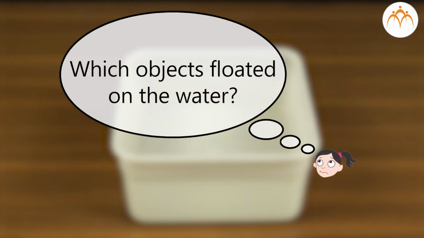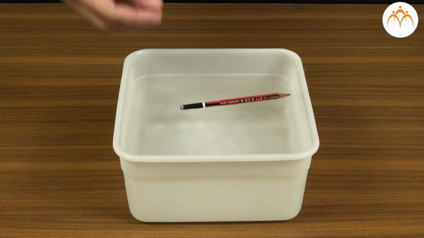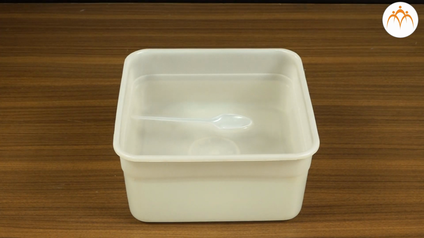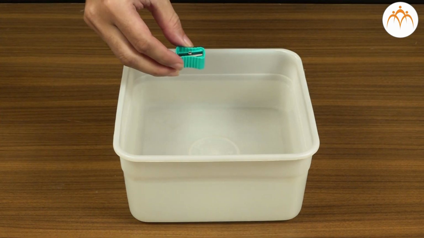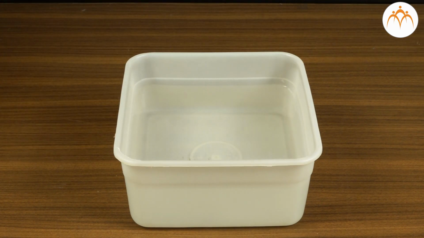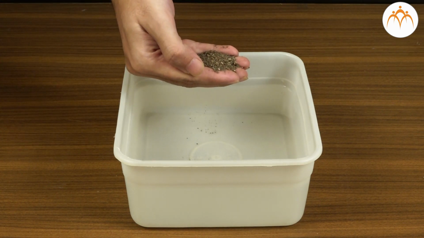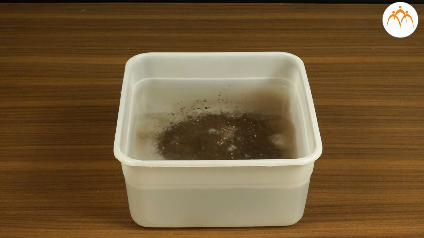She further asked about the objects which floated on the water. Suma told her that the plastic scale, the piece of pencil, plastic spoon, rubber band, wooden sticks, sharpener, and leaves floated on the water. Suma further said that initially the soil floated on the water, but slowly it sank.